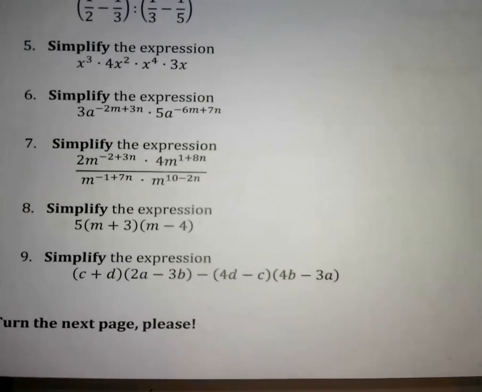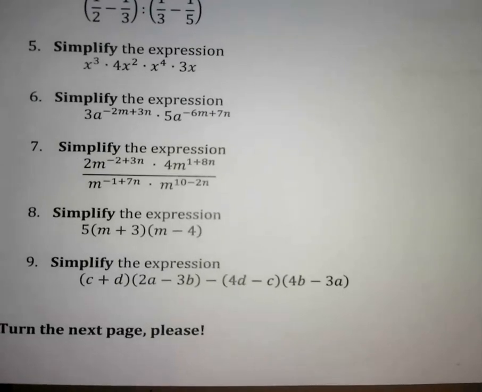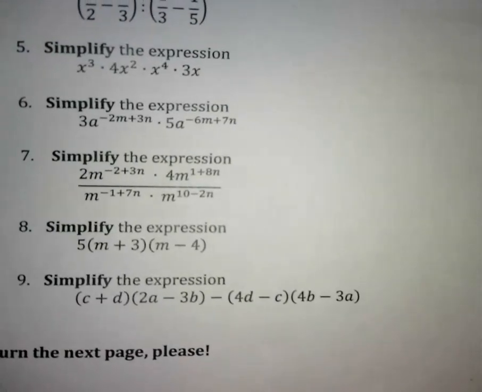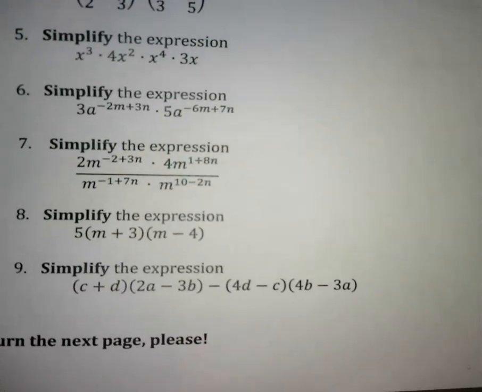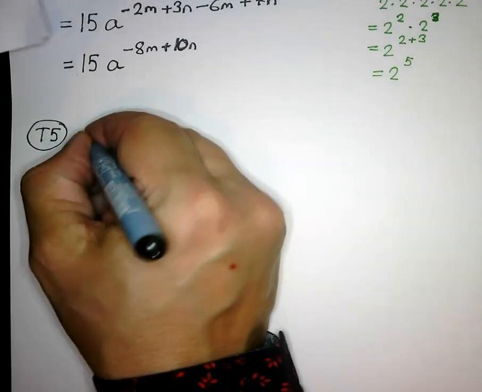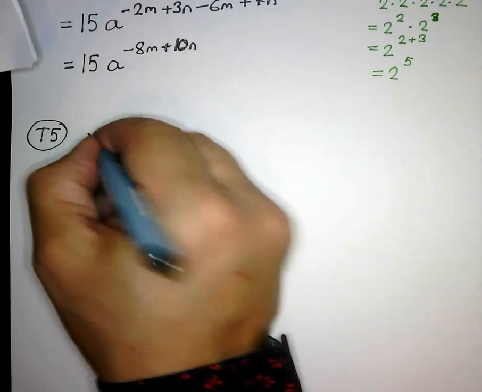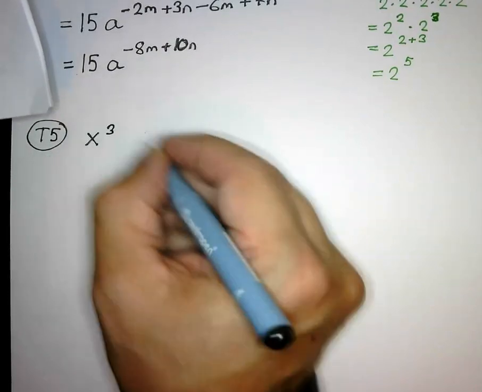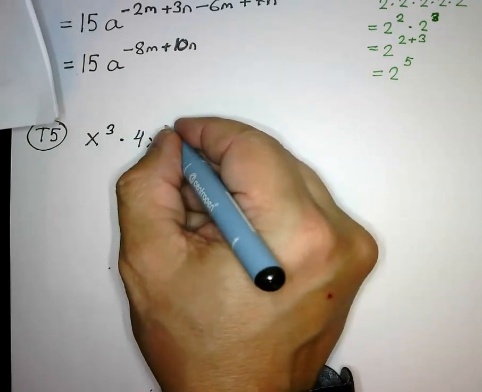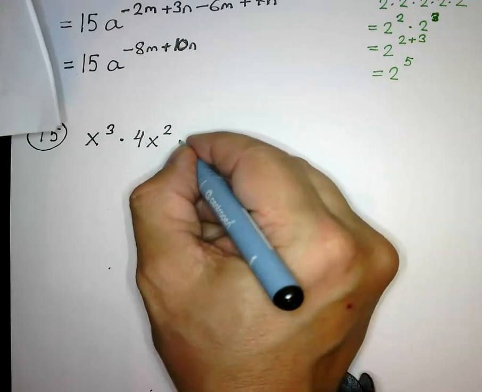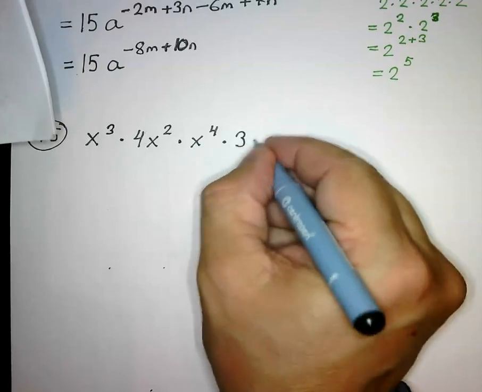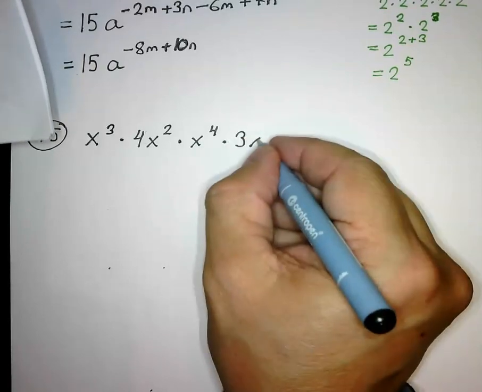There are only x's there, but there are different exponents, and then there are also number coefficients or factors, 4 and 3, and I will write it there. x to the power of 3 times 4 x to the power of 2 times x to the power of 4 times 2 times 3x.